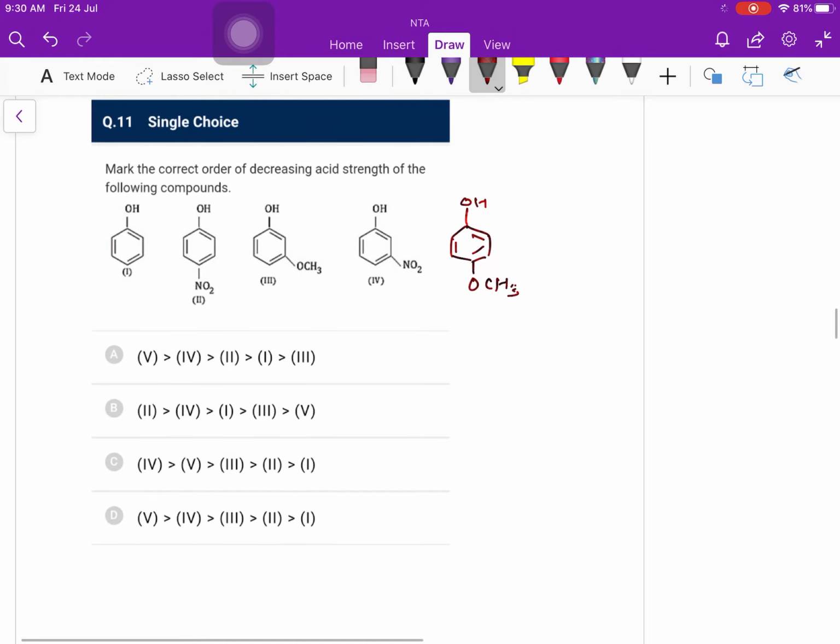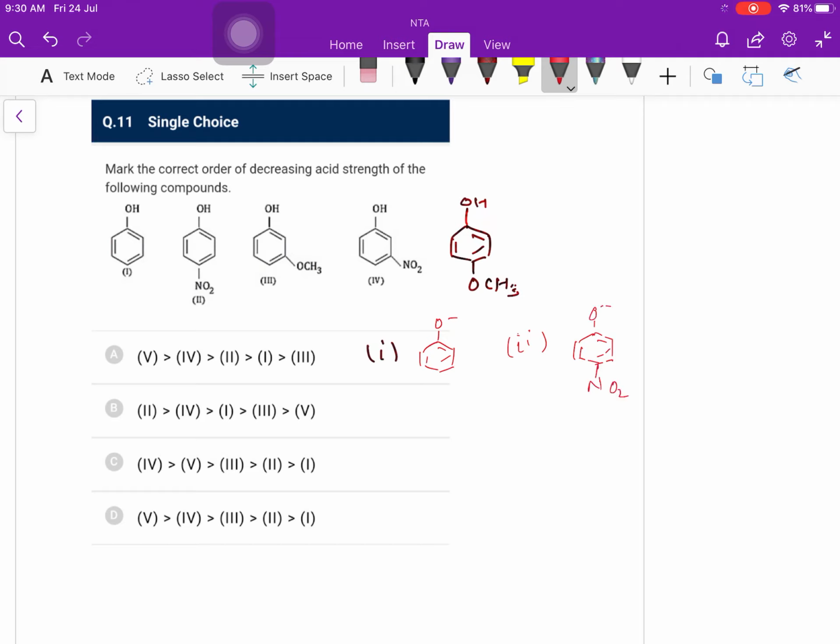We are only drawing the conjugate bases. For number 1 the conjugate base will be phenoxide, with O minus. For number 2 the conjugate base will be O minus with NO2.